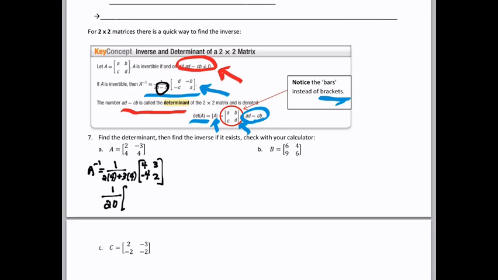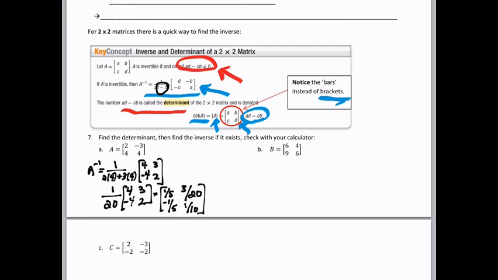And we're just going to multiply this by those values in our matrix. So the inverse matrix of A works out to be 4 over 20, which is 1/5, 3 over 20, negative 1/5, and 1/10.